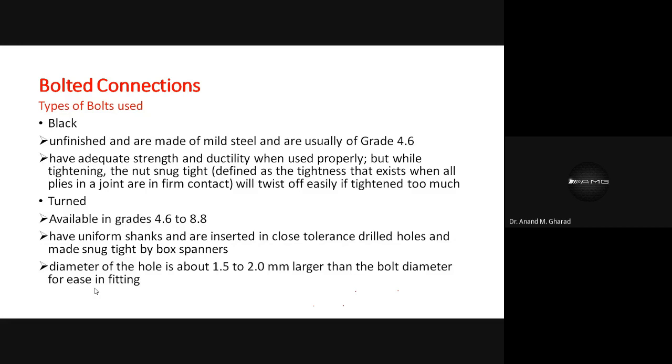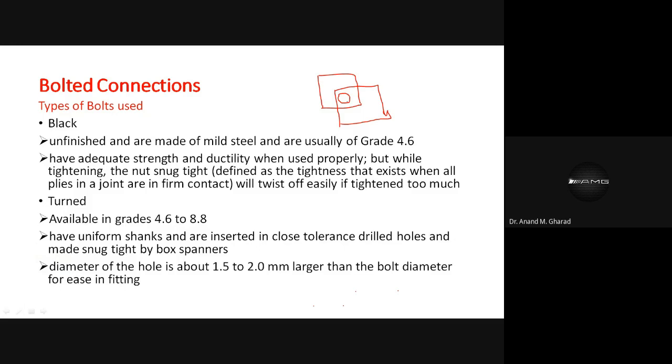Most of you must have this question, how to make use of these bolts in any connection. So just remember one thing, that for any connection, if we say that there is one plate like this, and this plate is supposed to be connected with another plate, let's say this is the second plate, and if I want to connect this with the help of a bolt, what is done?